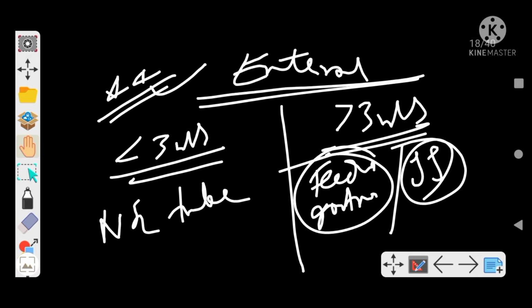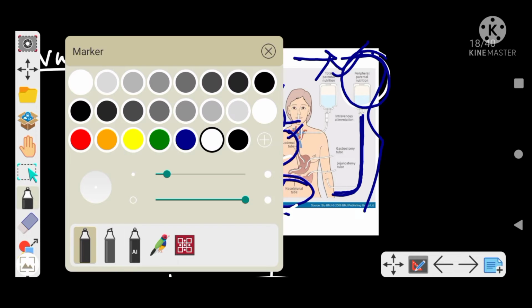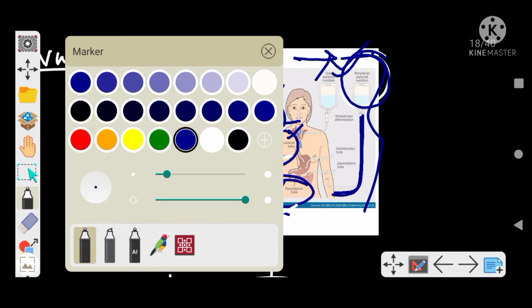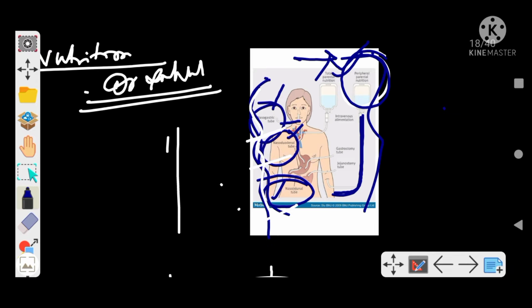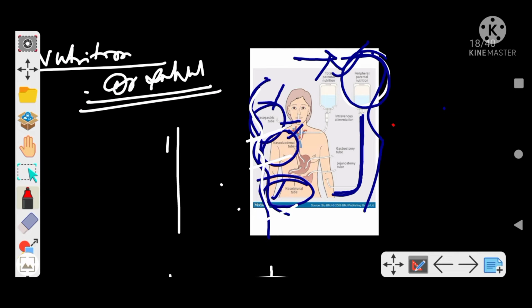Now there is another important question that has been asked: how do we choose the length of the nasogastric tube? For the length, we take the distance from the earlobe to the tip of the nose, and from there, the tip of the nose to the xiphisternum.